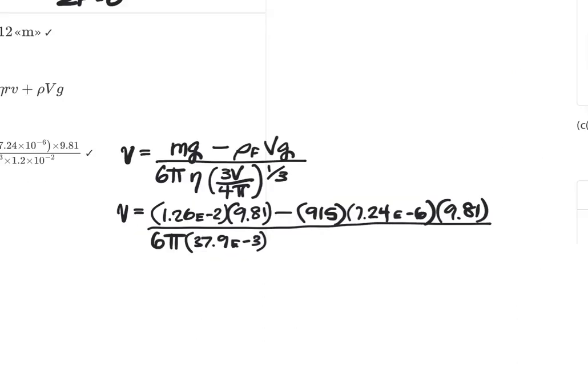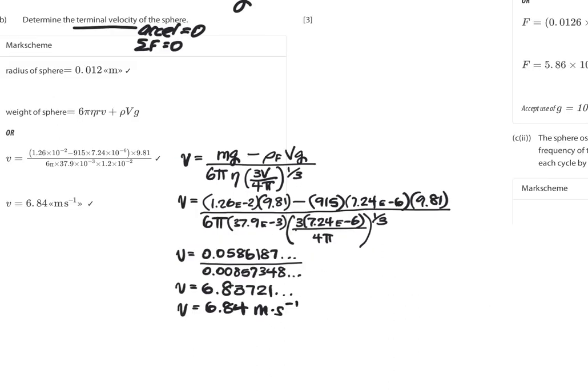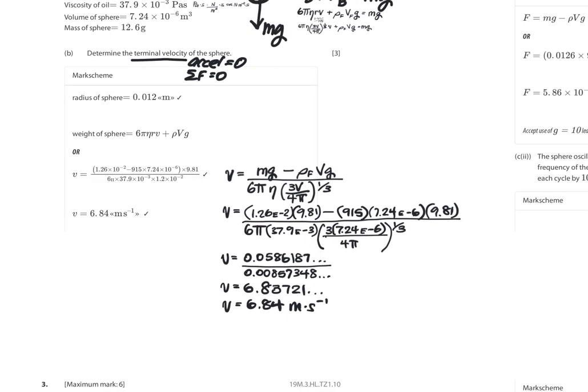I don't know why they put 37.9 times 10 to the negative 3 instead of 3.79 times 10 to the negative 2, but who's counting? Okay, those are all the numbers. After all those numbers are squeezed in, we do come up with the mark scheme answer, 6.84 meters per second.